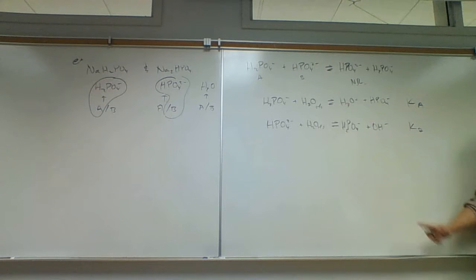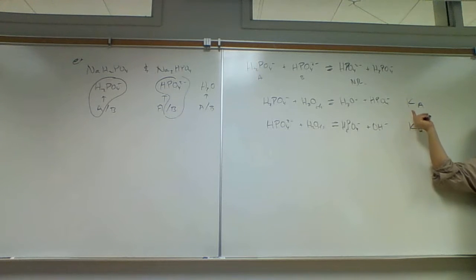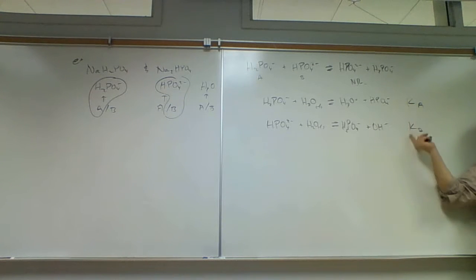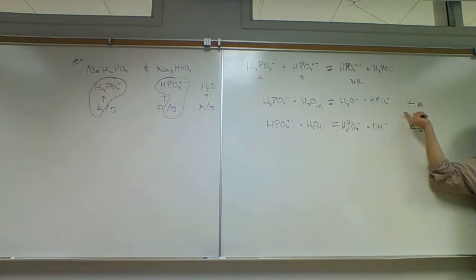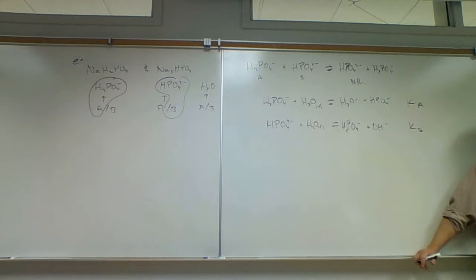Even though, let's say Kb were bigger, the only thing that might trip you up is the simplifying assumption. If we do Ka and it's a basic solution, where Kb is bigger and hydroxide is the dominant species, then the simplifying assumption is going to fail for Ka. But we have to remember we're using Ka, not Kb, for a basic solution, and it's not exactly right, but it'll give us the same answer because they're tied together by Kw.